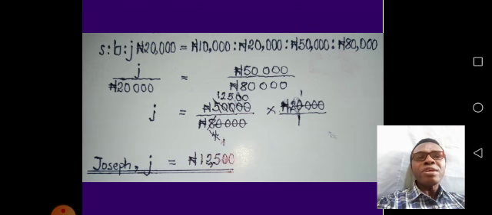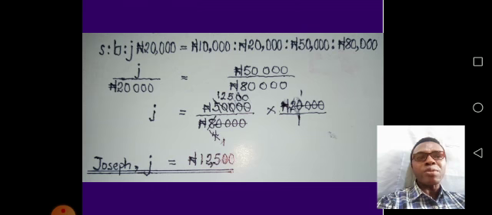And so since we are looking for Joseph, we say Joseph over total. So that's J over 20,000 for the profit on the left-hand side, equals Joseph over total again on contribution, which is 50,000 over 80,000 naira. And so J equals what you have on the right-hand side times 20,000, coming from the denominator to the numerator.